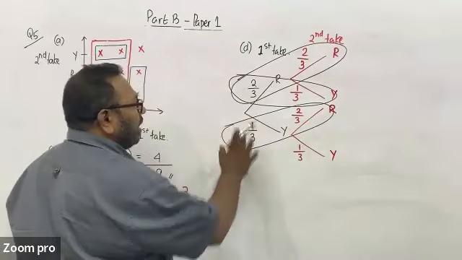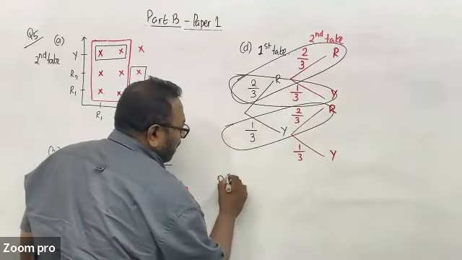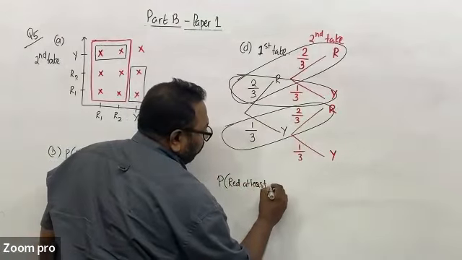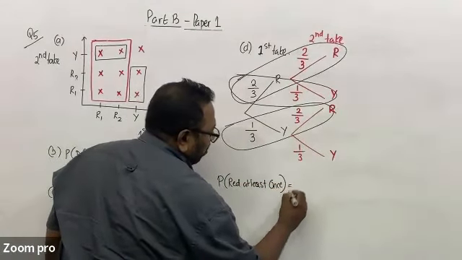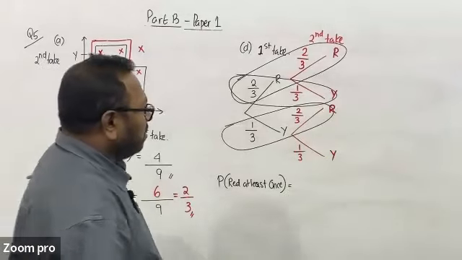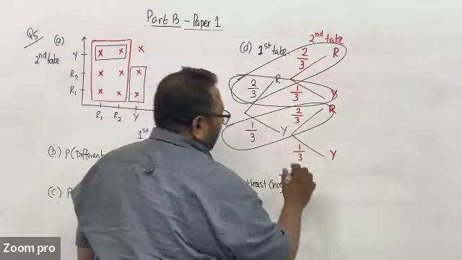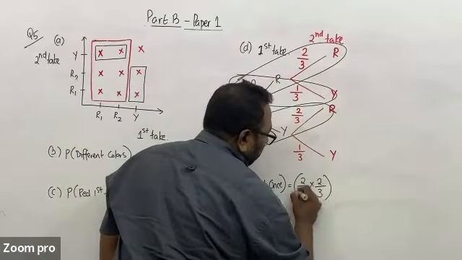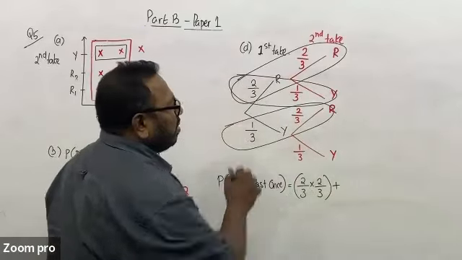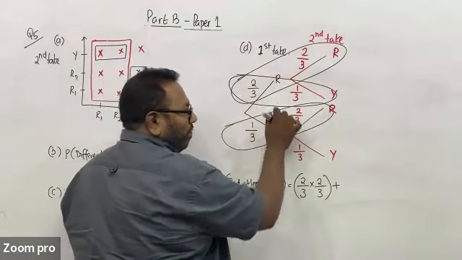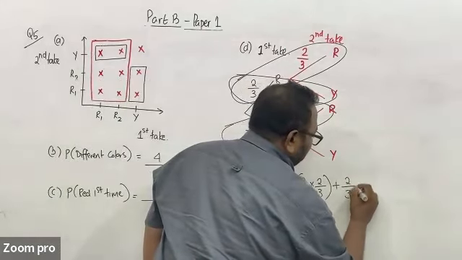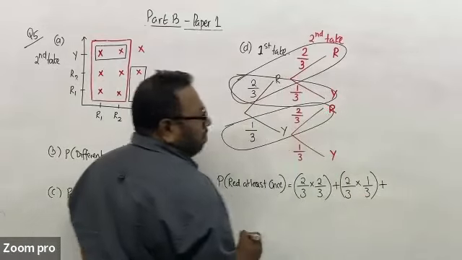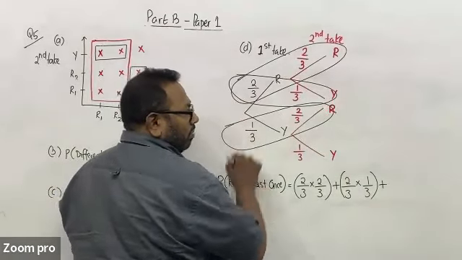Okay, so now let's do the calculation. Probability of red at least once. 2 over 3 multiplied by 2 over 3, plus 2 over 3 multiplied by 1 over 3, plus 1 over 3 multiplied by 2 over 3.